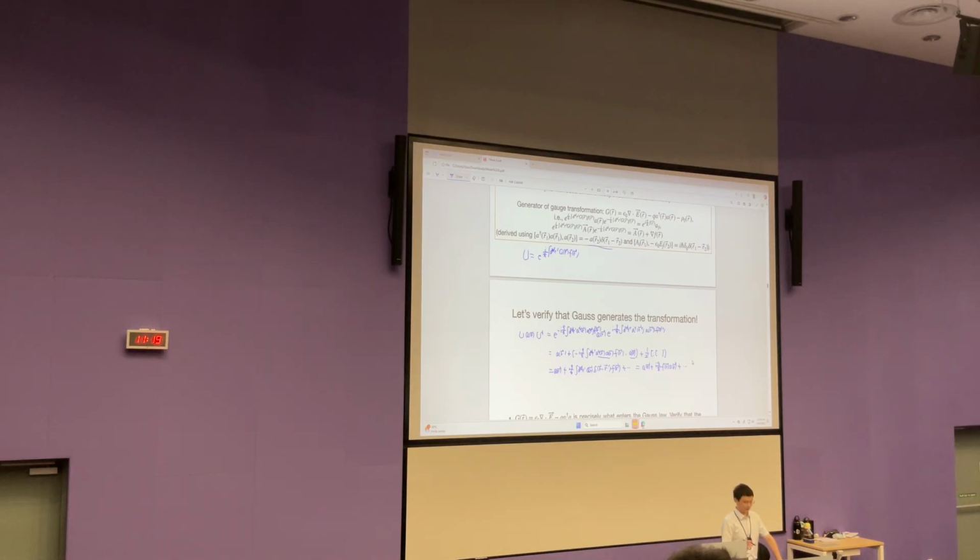If you carry out everything, you will see this will just be equal to e to the i q h bar times f times a. You can kind of expect this because you have done many times that this is equal to this.